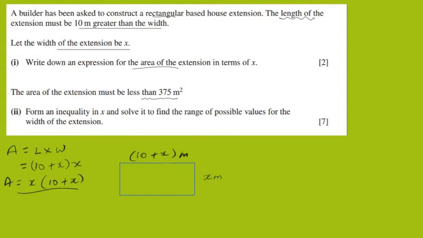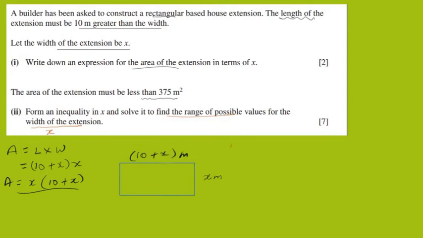If the area is less than 375, we have to form an inequality in x and solve it to find the range of possible values for the width of the extension. In other words, find x.